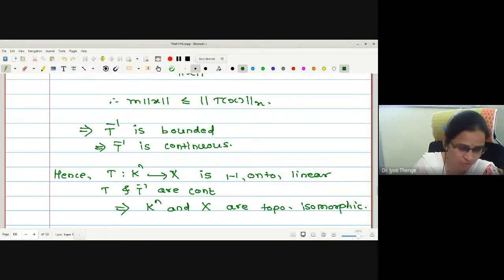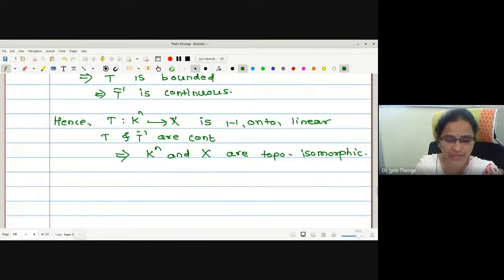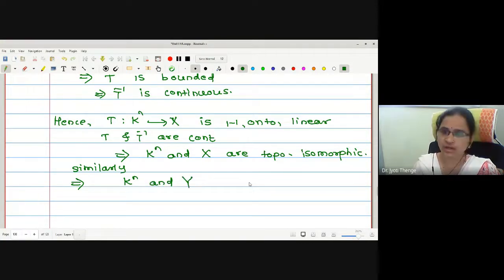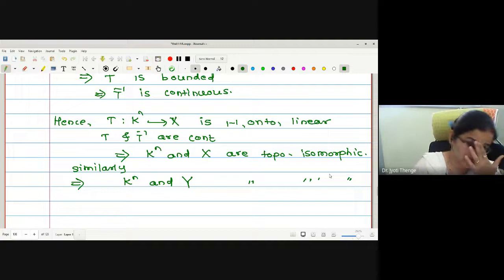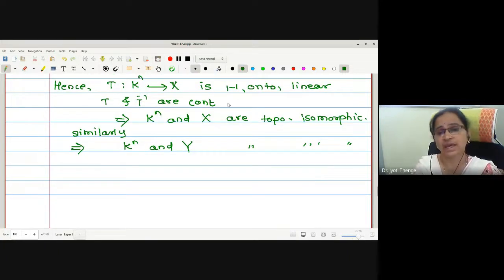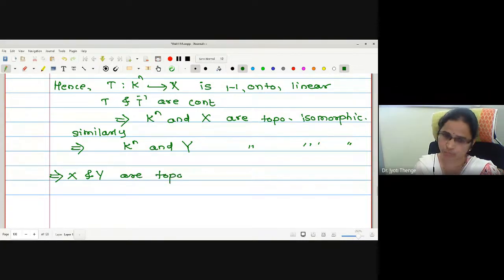Similarly, can I show Kn and Y are topologically isomorphic, where Y is an n-dimensional linear space? Kn and X are topologically isomorphic, Kn and Y are topologically isomorphic. Hence, can I say X and Y are topologically isomorphic? Yes, and hence the proof.